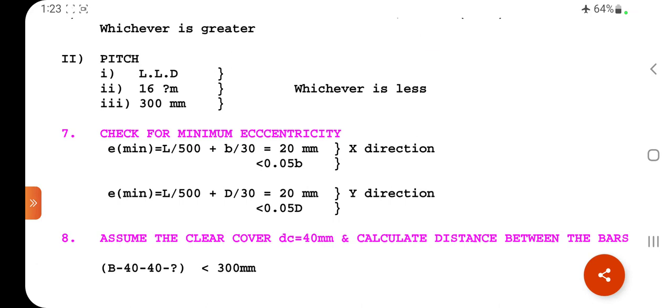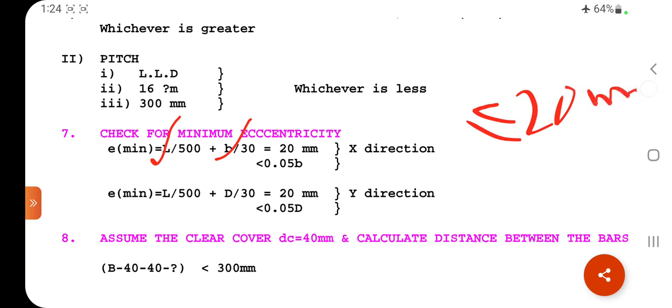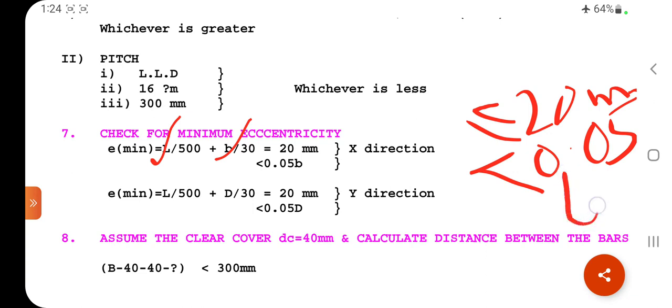The first formula is e minimum is equal to L upon 500 plus B upon 30, and it should be equal to or less than 20 mm. Also it should be less than 0.05 times the B.